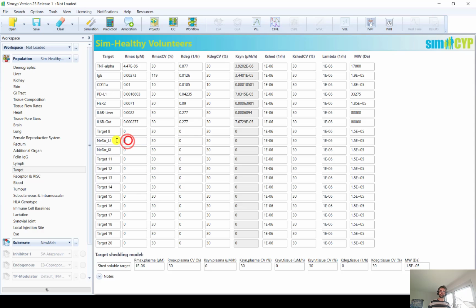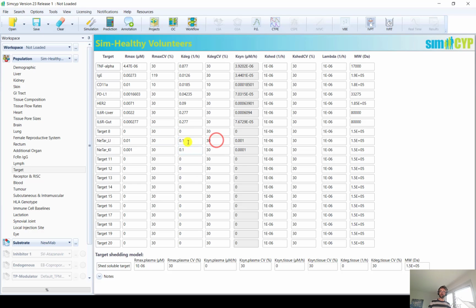And now we can start to define the abundances and say, okay, maybe it's 0.01. And that means we can have a different abundance. So if we know it's expressed at different locations in the body, but it has a different abundance, then we can use the system to define multiple targets, to assign them to specific locations, and to give them a different abundance. And then the degradation rate might be the same.